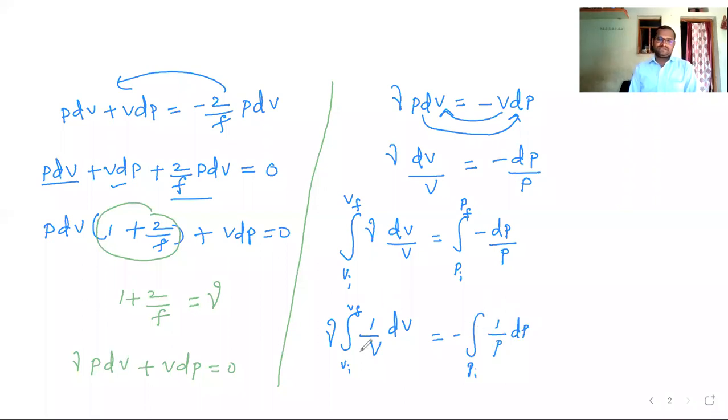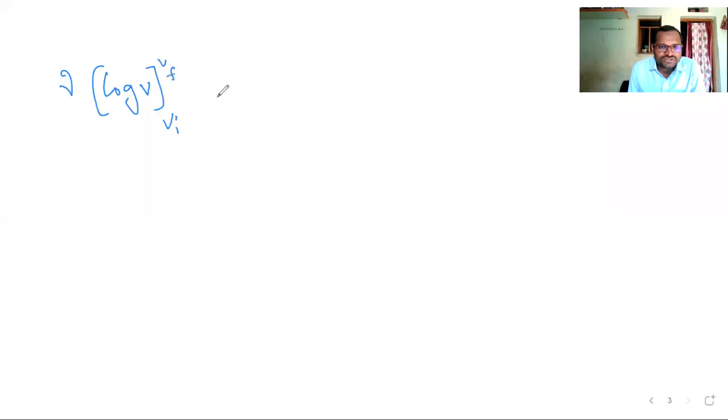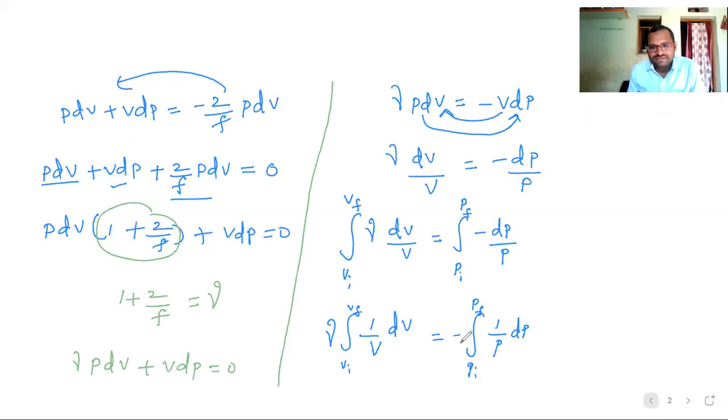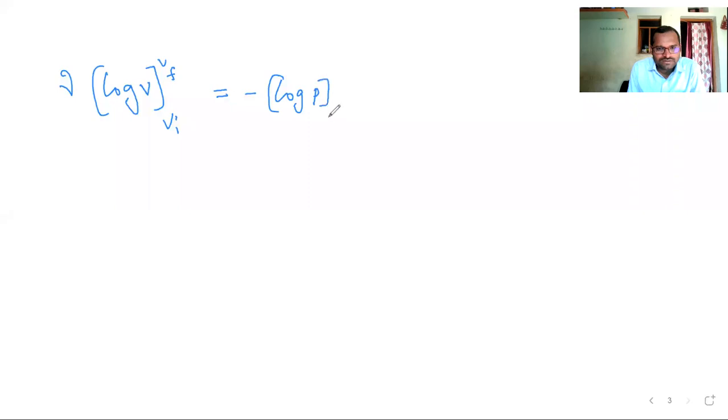Now see here, the integration of 1 by V dV is log V. You know this formula. But this has limits, from V initial to V final, is equal to minus the integration of 1 by P dP, which is log P, with limits P initial to P final.